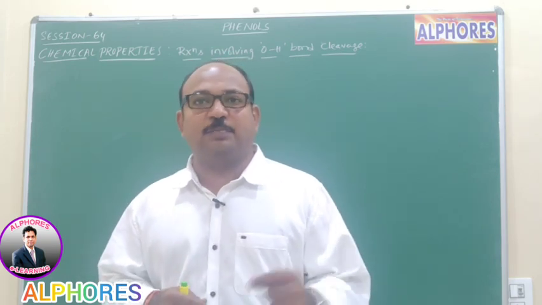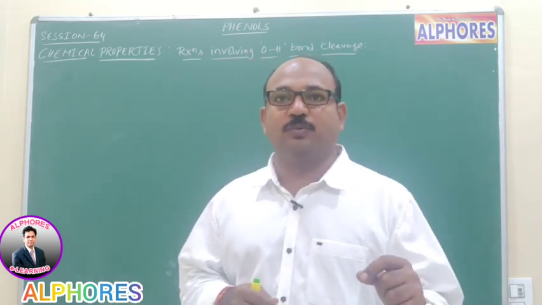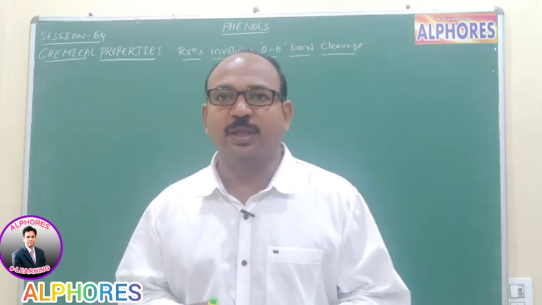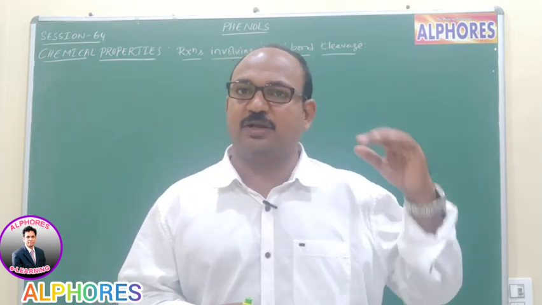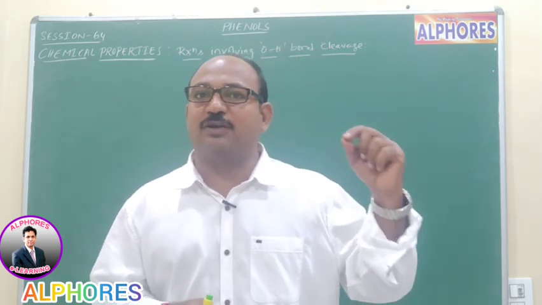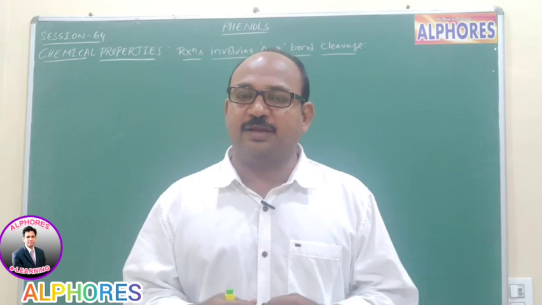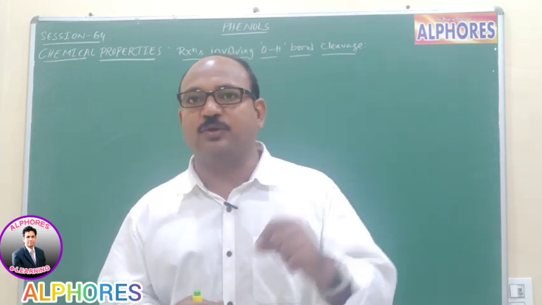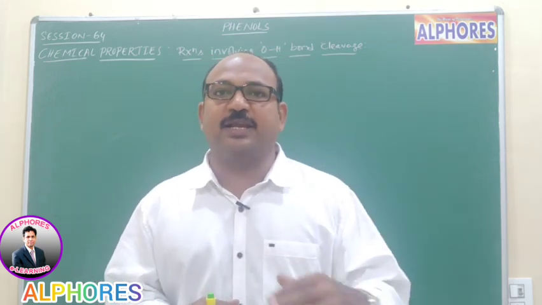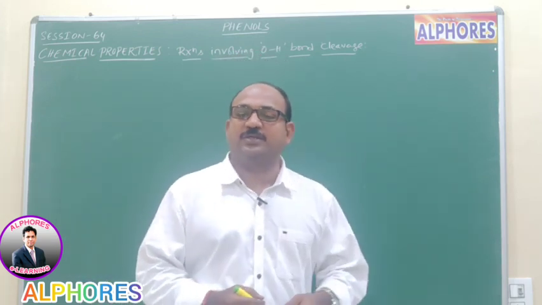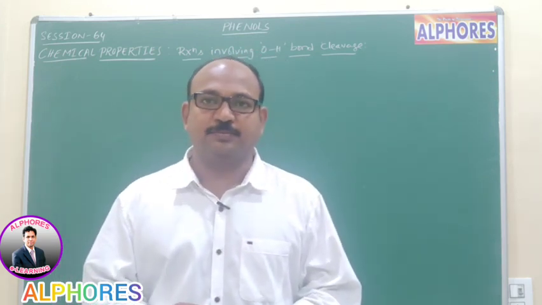We learned that the presence of an electron withdrawing group in phenol, particularly in the ortho and para positions, enhances the acidic nature, whereas the presence of an electron releasing group decreases the acidic nature of phenol. For that, pKa values were discussed as evidence in the previous session.